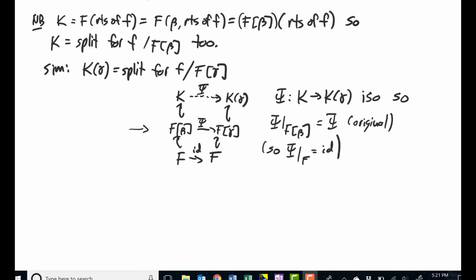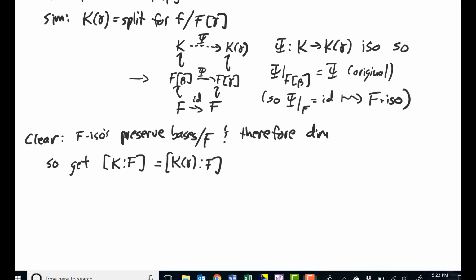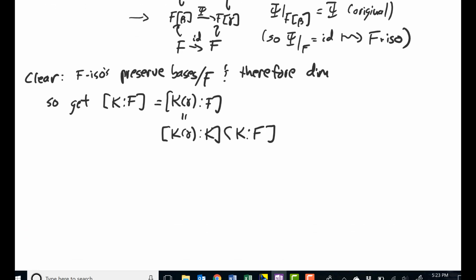Okay, now, it's obvious that F isomorphisms preserve bases over F. All right, so if k and k gamma are isomorphic under an F isomorphism, therefore they have the same dimension over F, so the degree of k over F is the same as the degree of k of gamma over F. But by multiplicativeness of chains of fields, we can go from k of gamma down to k and then down to F, so we get this product, and of course we can divide out by those.